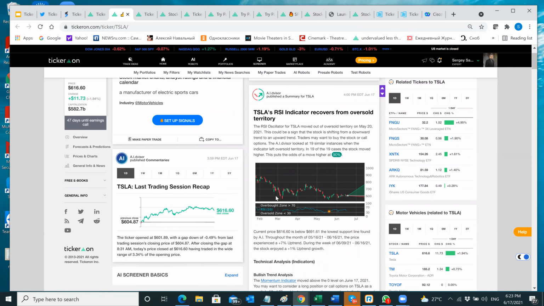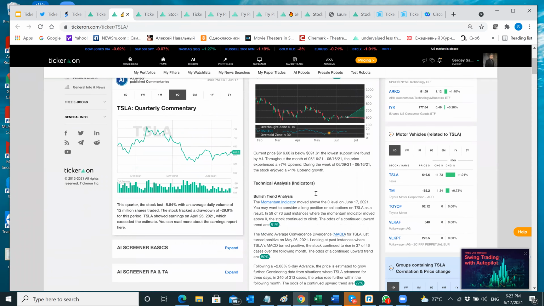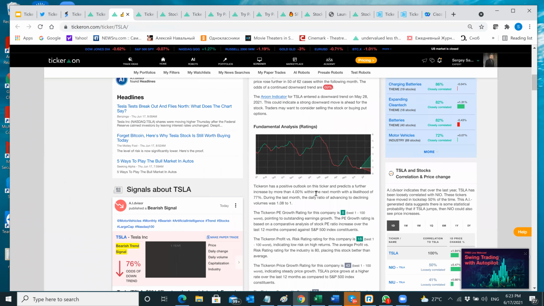Tesla, you see, cannot break that level. That could be a really good buy opportunity. You see, it's trying to break through approximately this line, right? There is clear support, and our indication. And then you can read more about that. You see, it doesn't give you a particular pattern for extra analysis, okay?